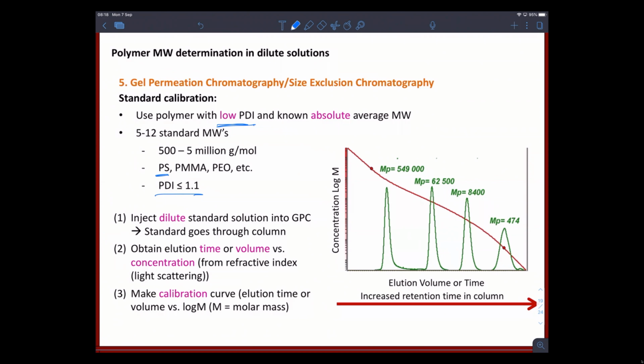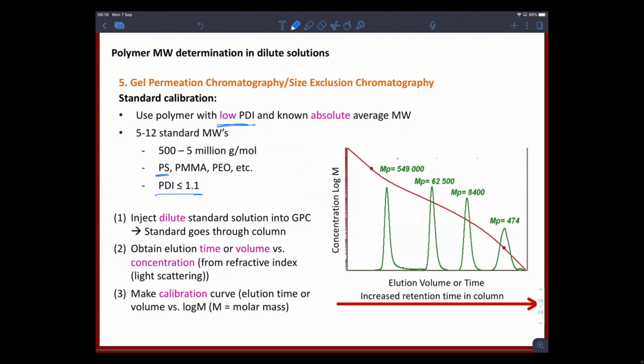So what they do is they inject a dilute standard solution into the gel permeation system, and the standard goes through the column. They obtain the elution time or volume versus concentration from refractive index and light scattering, and they make a calibration curve, which is elution time or volume versus the log of the molar mass.